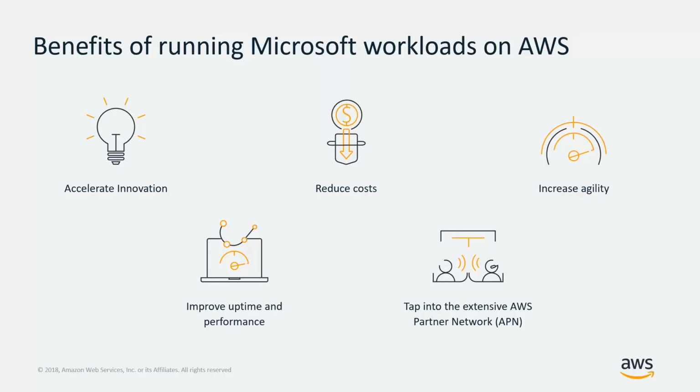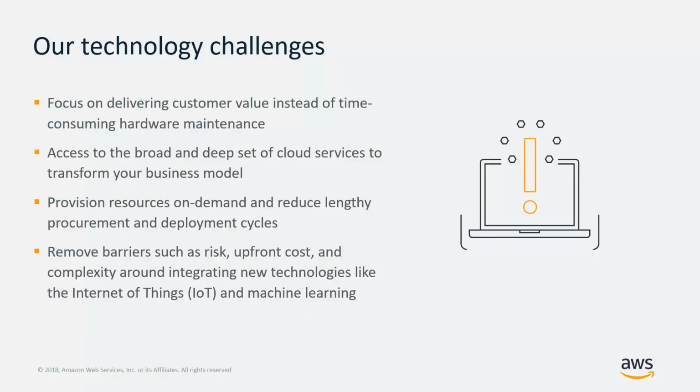And they did not really provide the right type of uptime and availability that your business required. And tap into the extensive AWS Partner Network, APN. I encourage you really to check out more about APN, check out more about becoming a partner perhaps, or finding partners that suit you. We do have many competencies, specific ones for Microsoft workloads.